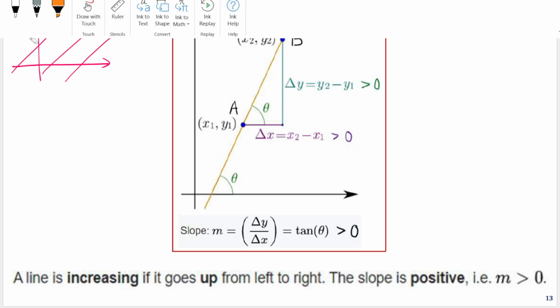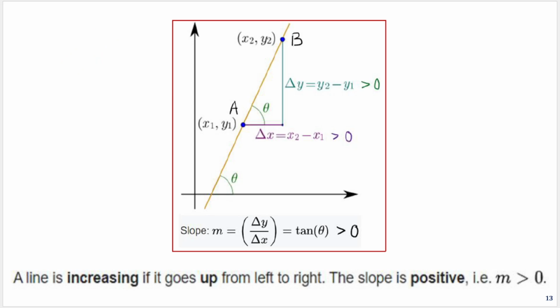Why? Because according to the definition, we know that slope is defined as delta y over delta x, right? For example, suppose A has coordinates x1, y1, B has coordinates x2, y2. If the line is in this direction, that means if x2 is larger than x1, then y2 must be larger than y1, right? Therefore, both x2 minus x1 and y2 minus y1 should be both positive or both negative.